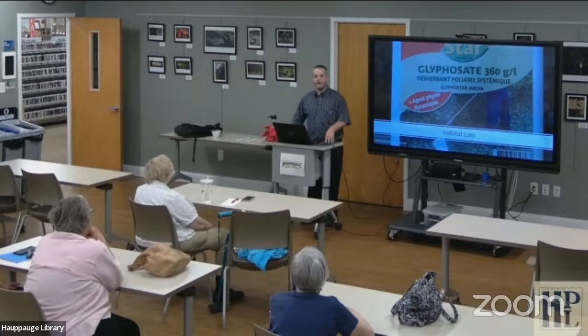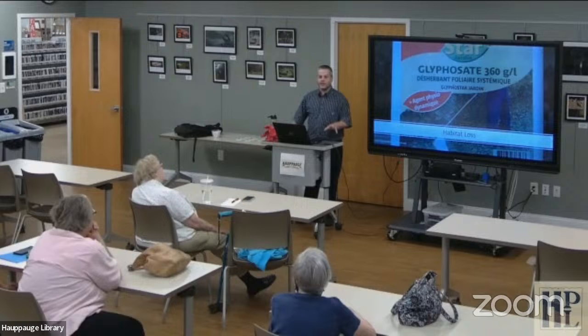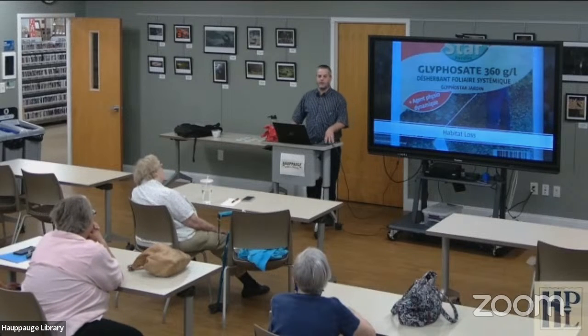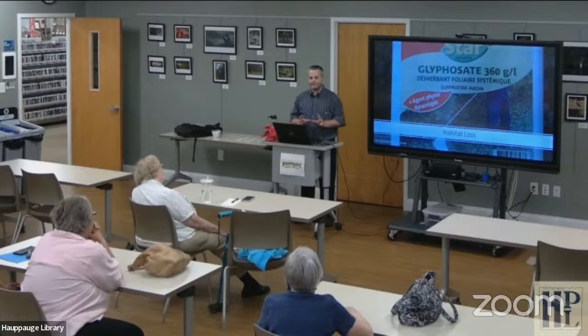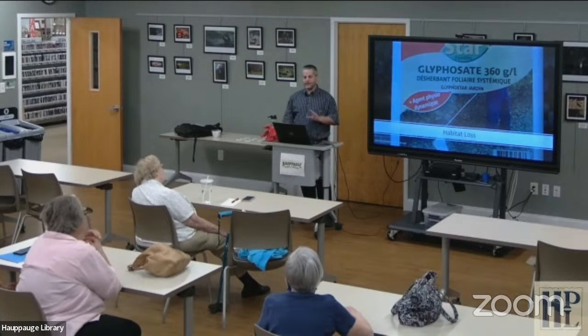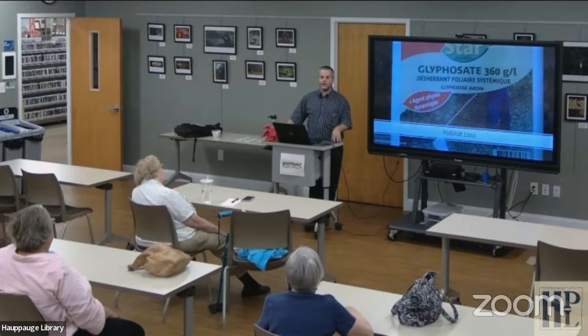These are crops that are genetically modified to produce their own pesticides. So things like corn and potatoes and soybeans and cotton have been bred to produce toxins that are ordinarily produced by certain species of bacteria.